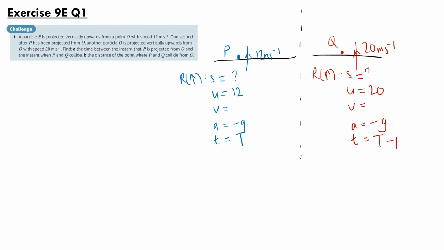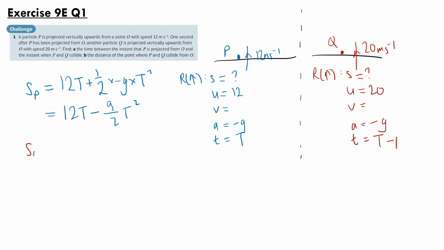So if we find the value of s for P, s_P is equal to ut plus a half at squared. So that is equal to 12t minus g over 2 t squared. And doing the same for Q, s_Q is equal to ut plus a half at squared.